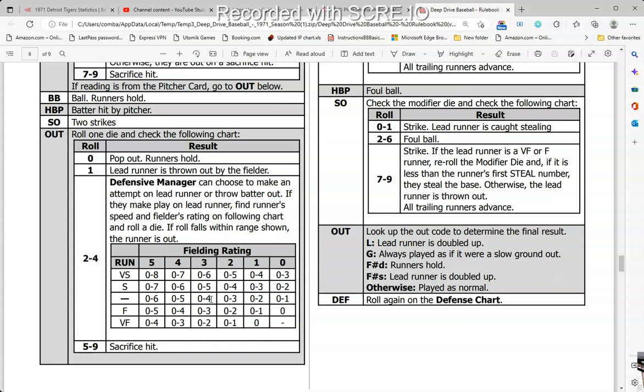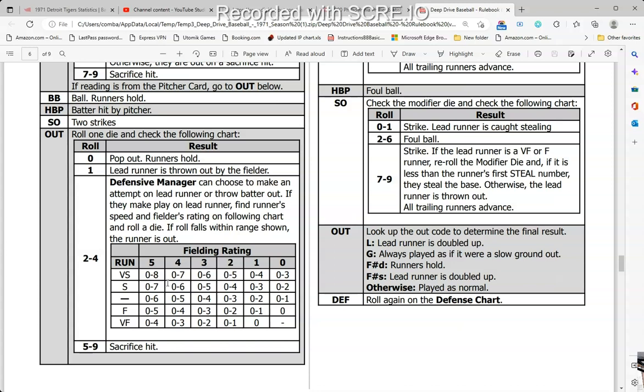But then you're stuck with a situation where there are runners on first and second, just as an example, and nobody out, right? Because you try to get that advancing runner, the lead runner, if you will. But if you have a more extreme situation where you have that really good fielder and you have a slow runner, now the odds are in your favor, and you may want to try to get that lead runner. Okay, so that's the bunt.